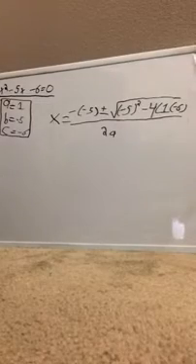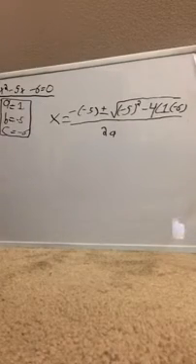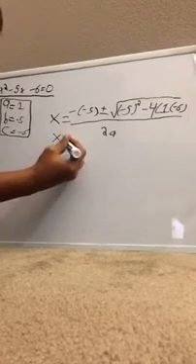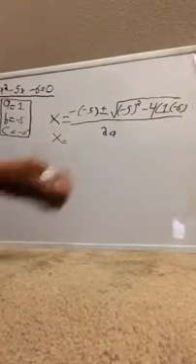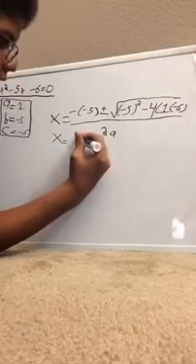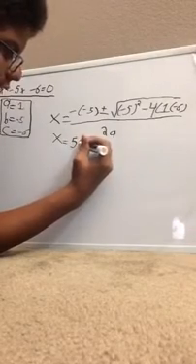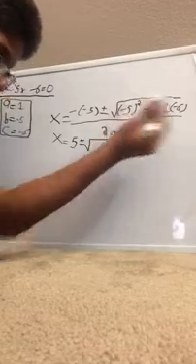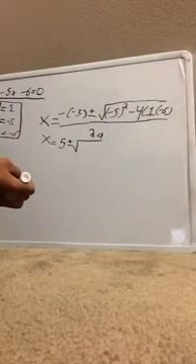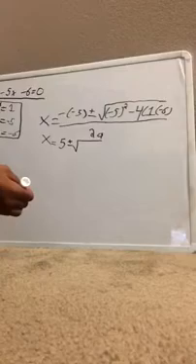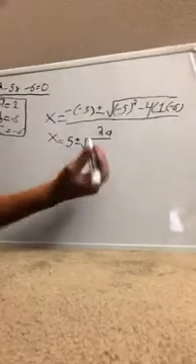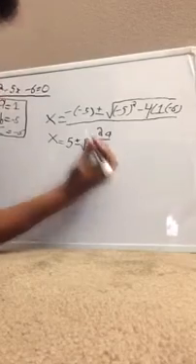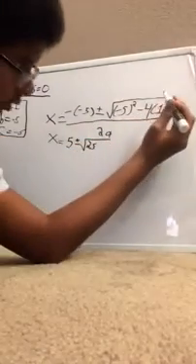Now let's use a bunch of math and simplify this. Negative of negative 5 is just positive 5. So 5 plus or minus the square root of, let's simplify the square root. Negative 5 squared, negative 5 times negative 5 gives you positive 25. And negative 4 times 1.